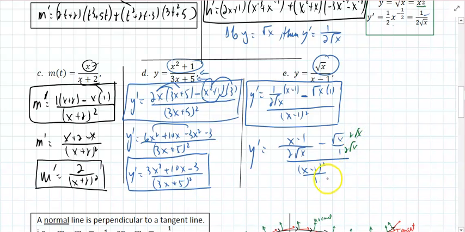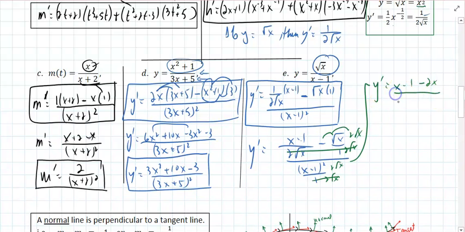Multiply each of those, and this is something that comes up a lot more than you like. So if you ignore the denominators completely, that will be x minus 1 minus radical x times 2x is minus 2x over x minus 1 squared. Y prime would be negative x minus 1 over x minus 1 squared.